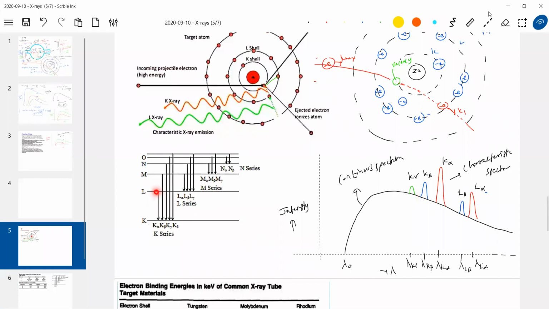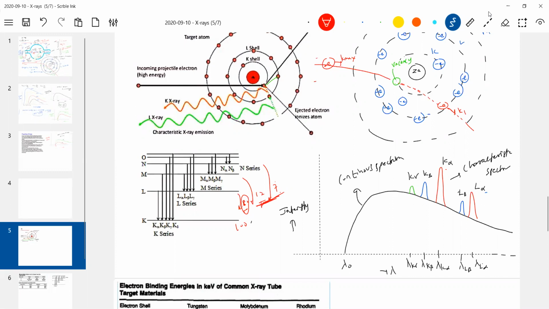Suppose 100 vacancies are there. 80 electrons will jump from L, say some 12 from here, say some around 7 from here. 80 photons, 12 photons, 7 photons. So the intensity due to this particular wavelength will be more, no? K alpha will be more. 12 is due to K beta, this one K gamma. No, I'm not talking about L beta, L alpha.